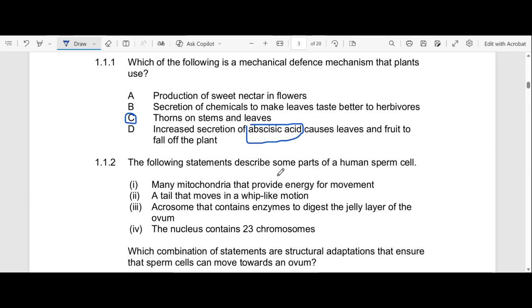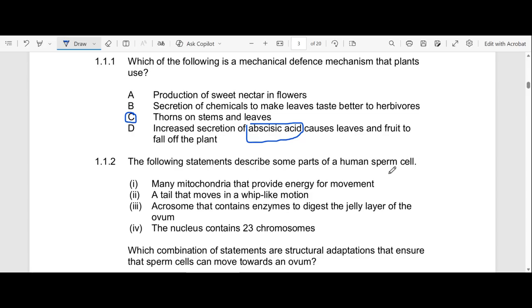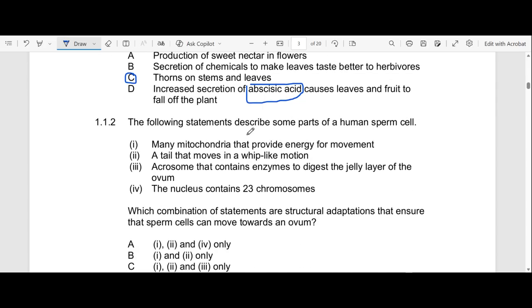Now let's go to 1.1.2. The following statements describe some parts of a human sperm cell. Human sperm cell. It's very important for you to understand that. Now let's go to the list here, right? Start with Roman numeral 1. Many mitochondria that provide energy for movement. Roman numeral 2, a tail that moves in a whip-like motion.